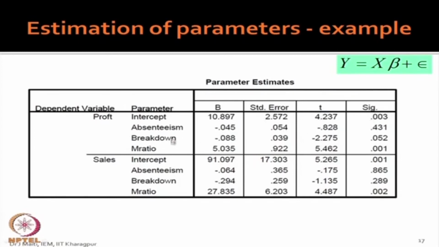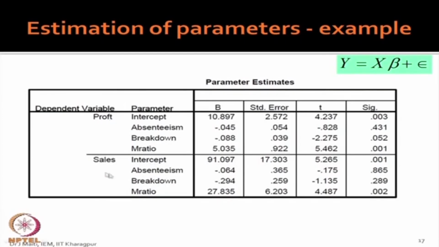Similarly for absenteeism, breakdown, M ratio. Ultimately you see that absenteeism is not significant, breakdown is significant but slightly higher than the 5% significance level, though still to be considered. M ratio is very significant from the profit point of view.